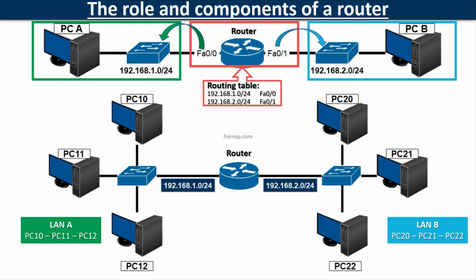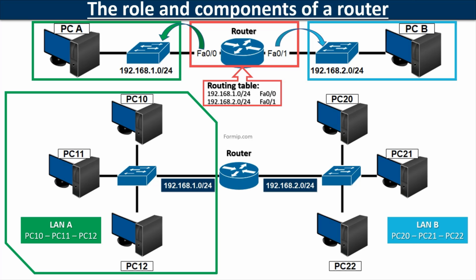On this new topology, which has just been displayed, the LAN-A switch switches its data between PC 10, 11, and 12 links. The left switch communicates only on the network 192.168.10.0.